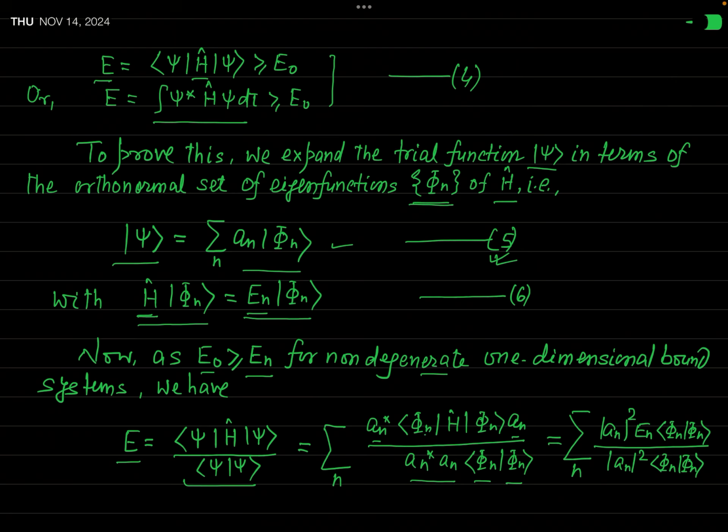And you know that h hat phi n is equal to En ket phi n. So I have written here that this is En times the scalar product of phi n with phi n.